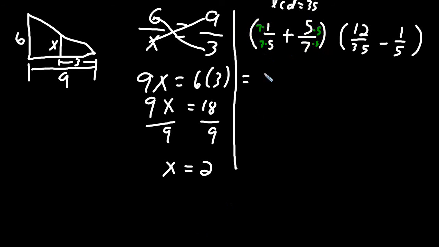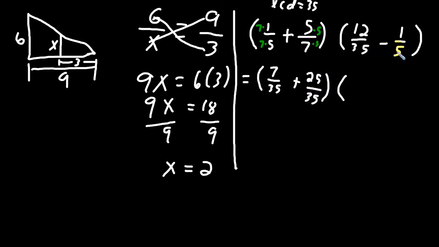And so let's see if I work on this. 1/5 is equivalent to 7 over 35. And then we have 5/7 is equivalent to 25 over 35. Need to do the same thing with the next set of parentheses. We have a denominator of 35 and a denominator of 5.